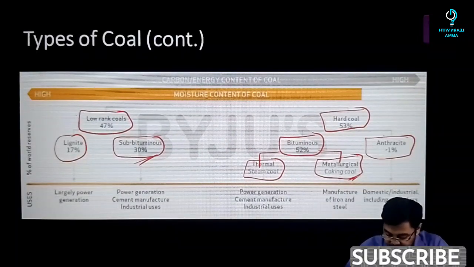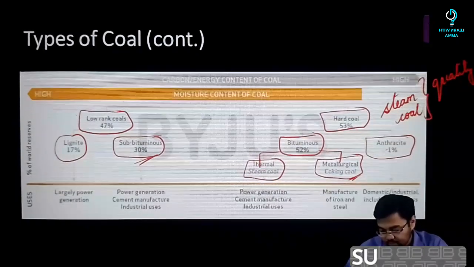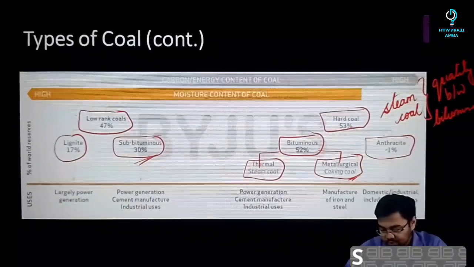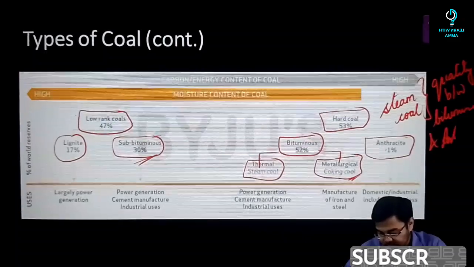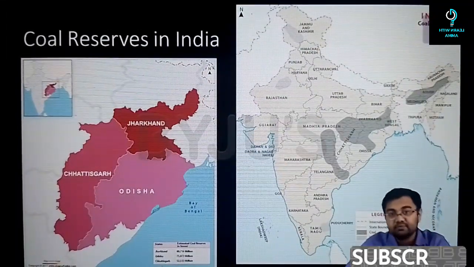In between we also have something called steam coal, which is seen to have quality between bituminous and anthracite.